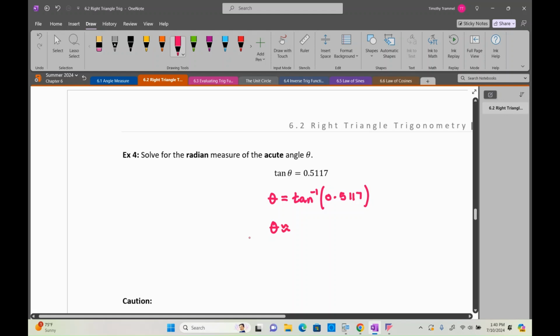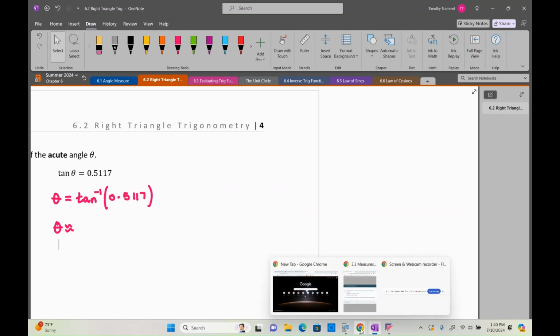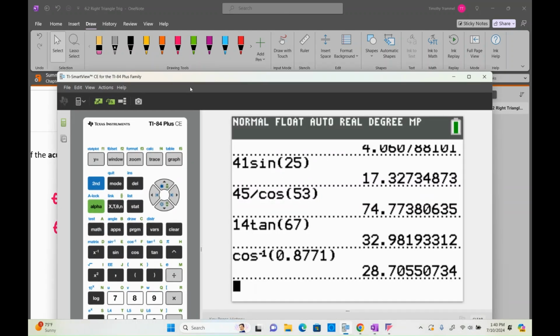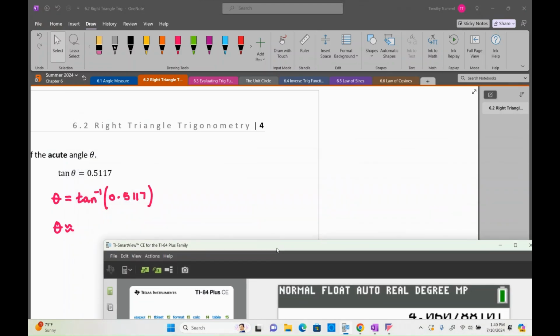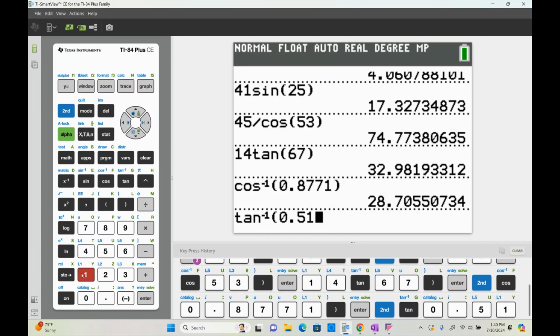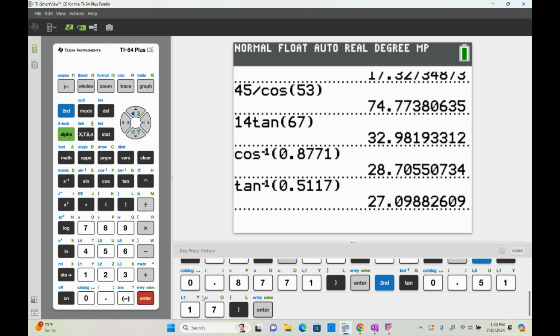And so let's go ahead and plug that one in too. Let's see. So tangent inverse of 0.5117. And so here we're getting about 27.1.